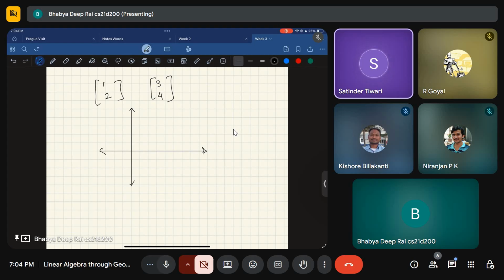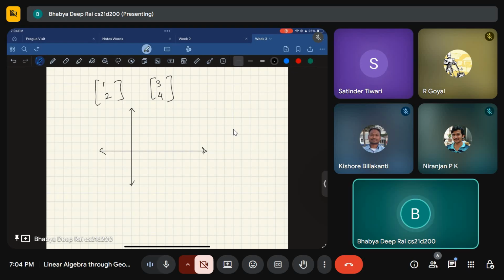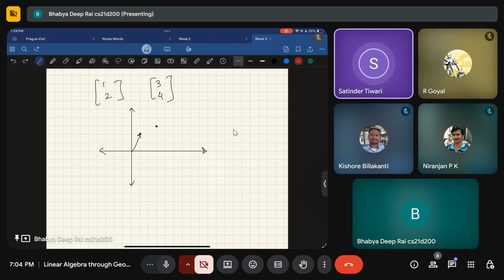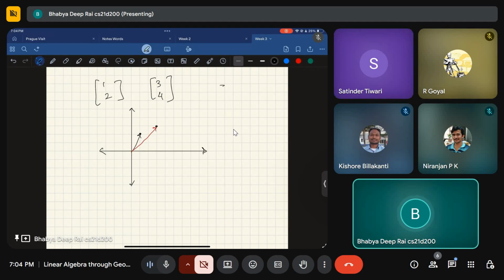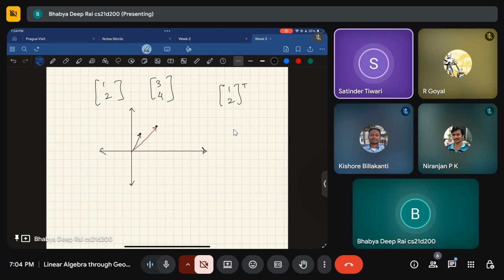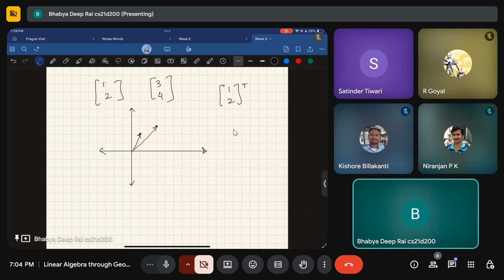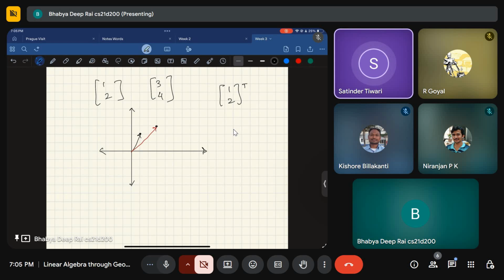Is there any software where we can see what is happening? Now if you take the dot product, you take 1 2 transpose, which will be like 2 comma 1, no. When you transpose it, it becomes a row-wise matrix.